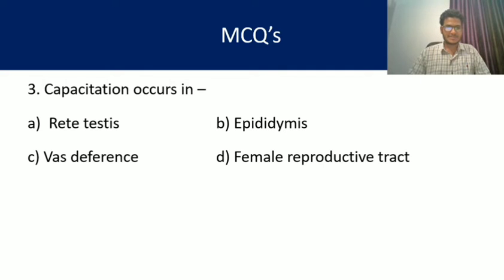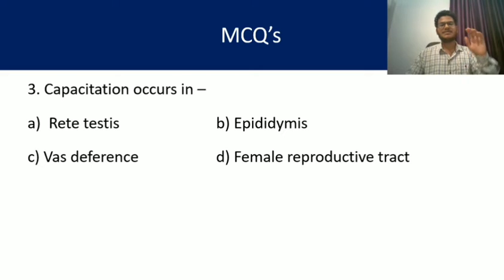Third one. Capacitation occurs in. Capacitation means maturity of the sperm to fertilize the ovum. So capacitation occurs in rete testis, epididymis, vas deferens, or female reproductive tract.